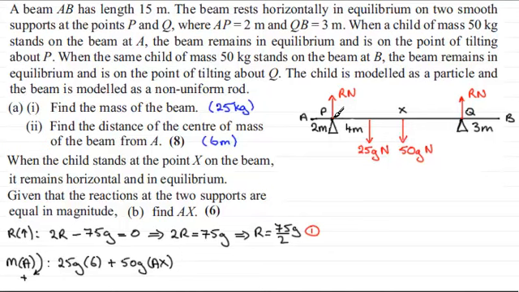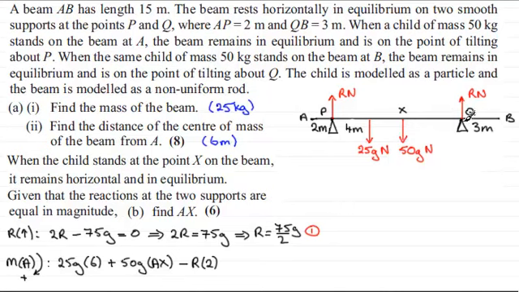Now we've got to take the reactions into account. So we'll start with this one here. So we've got R multiplied by 2. But this will want to turn it in an anti-clockwise sense about A. So that'll be in the negative sense here. Okay, so it'll be minus R times 2, or 2R I could have written there. And for this reaction here, it'll be R multiplied by the distance AQ.